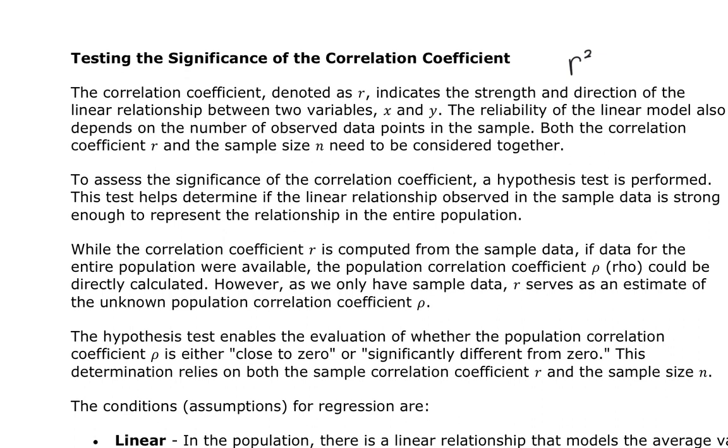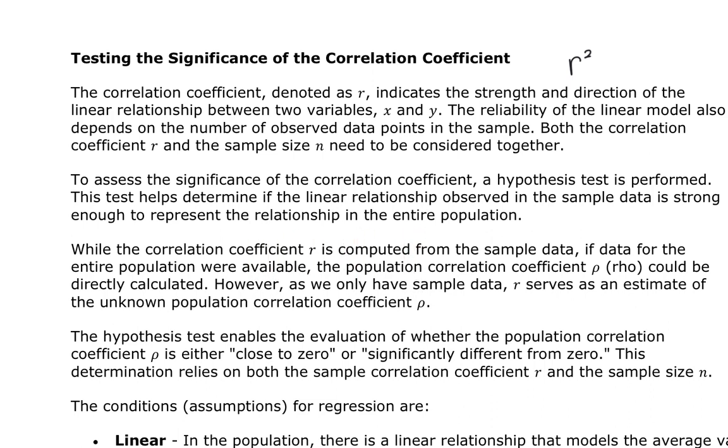If we want to assess how significant that relationship is, the significance of the correlation coefficient, we're going to do a hypothesis test. This is going to help us determine if there is a relationship in the sample, and if it is strong enough to represent the entire population.